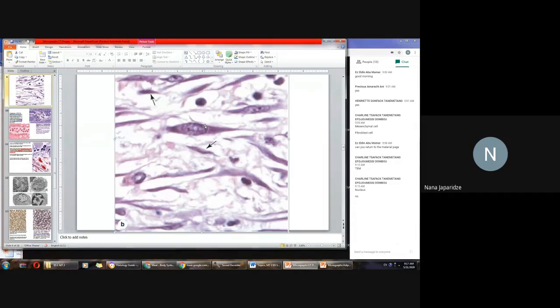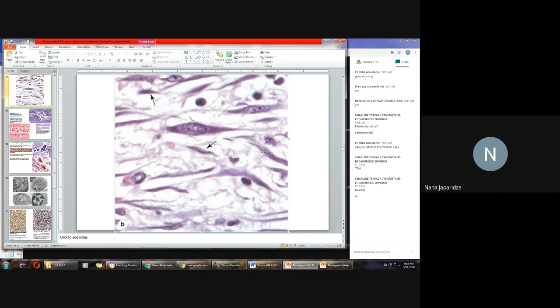Yes, this is fibroblast. So fibroblast has this euchromatic nucleus you see here. Nucleolus is clearly visible, and cytoplasm of fibroblast is dark stained because rough endoplasmic reticulum is very well developed. The situation is the same here, for example. This is also fibroblast. But what is here in this one? This is fibrocyte.